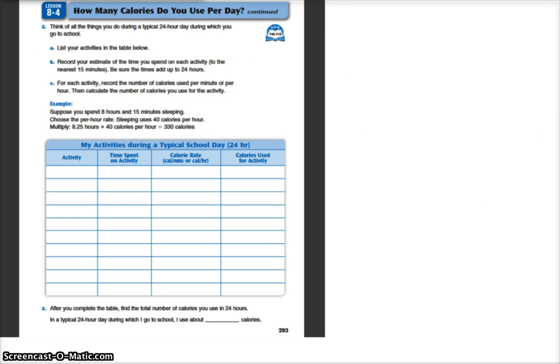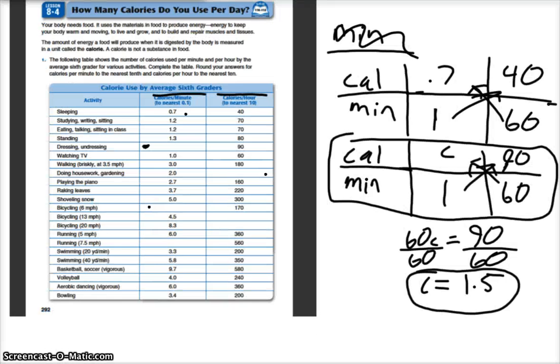And then lastly, here is where you would calculate how many calories you burn. So you are choosing the activity, and then you need to write down how much time you typically spend on that activity. And so this is a normal school day. So from how many hours you sleep to how much you eat, how much time you study and work. Remember, you can find all that information on this page right here.